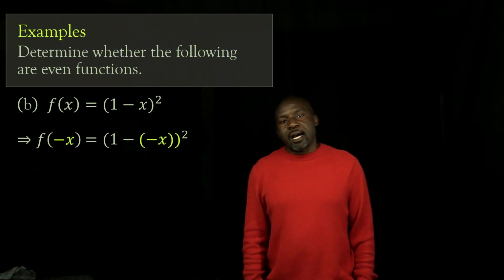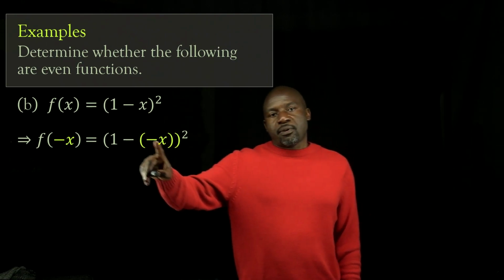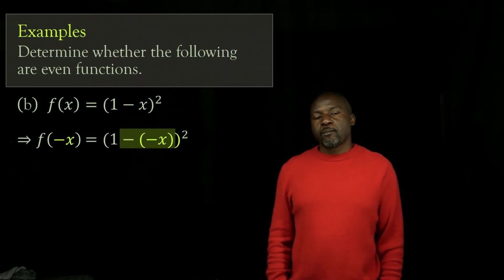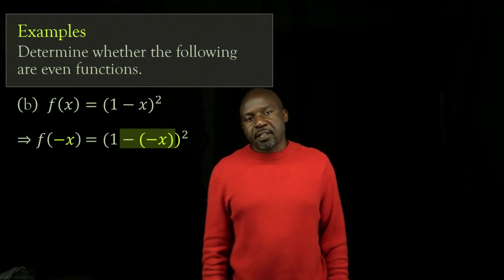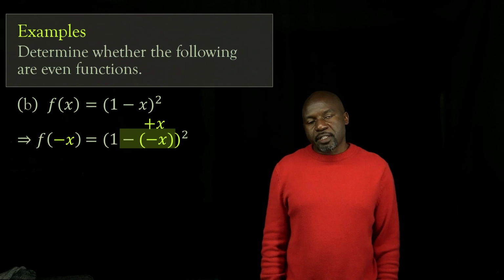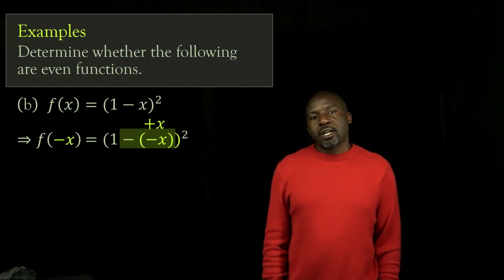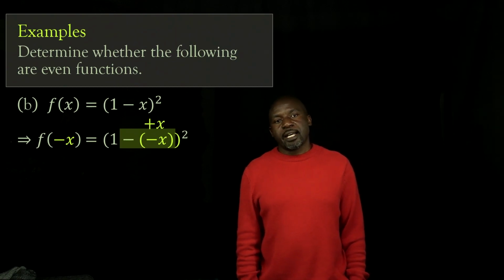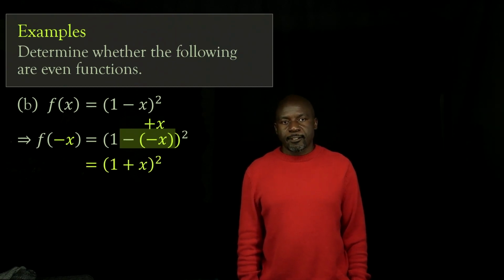Okay, now we can see that the section inside that bracket is going to be positive. The negative of a negative number is a positive number, and so all that is replaced by positive x. And so the whole thing simplifies to 1 plus x, in brackets, squared, like that.